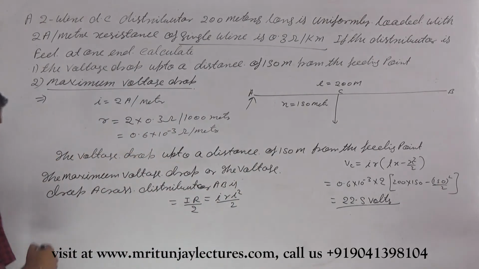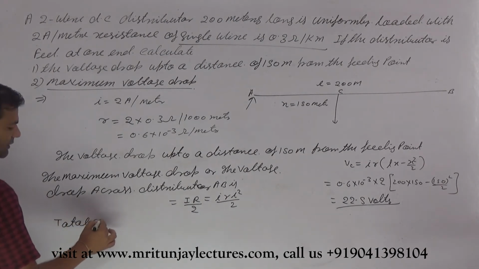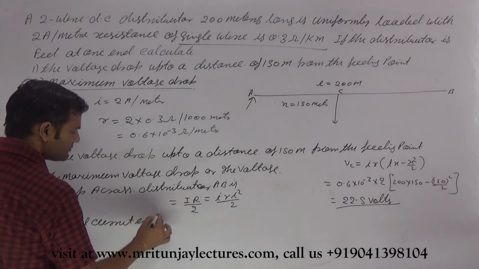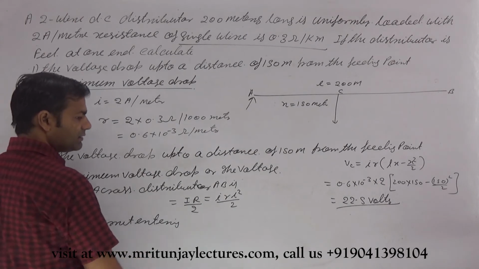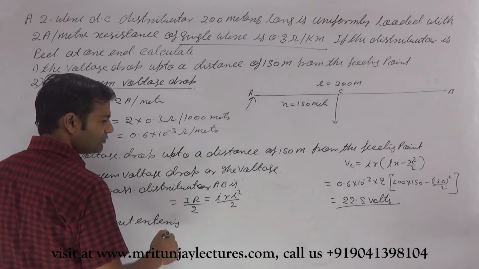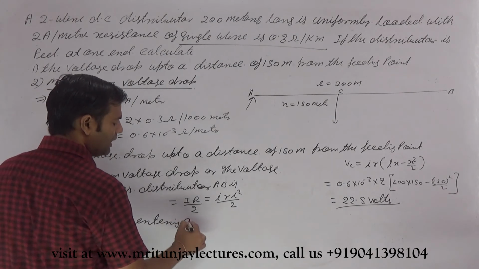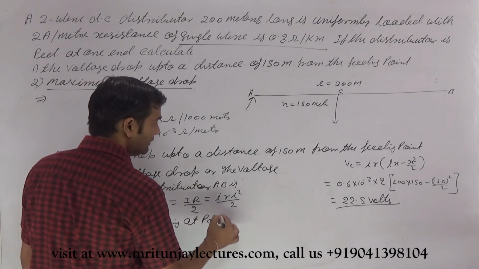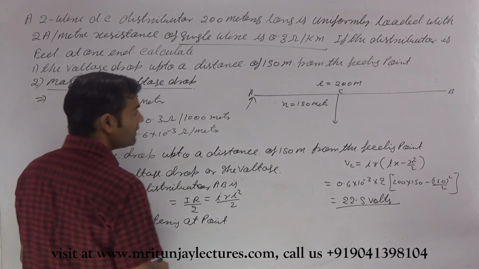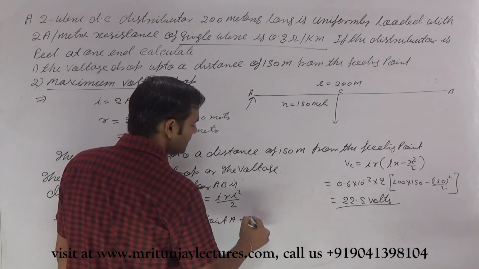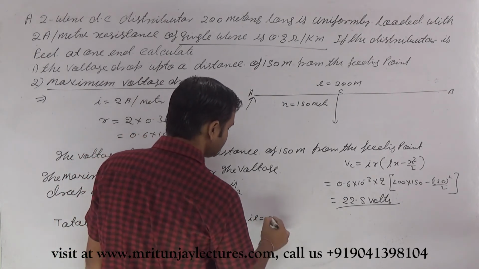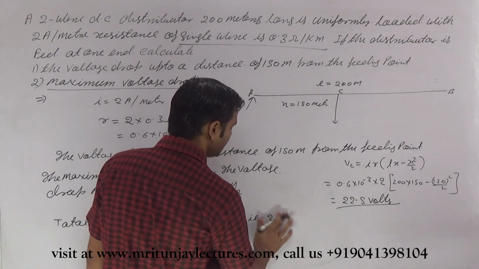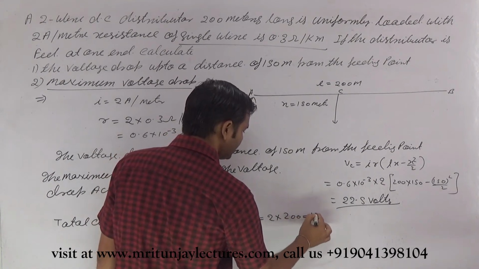What about I? I is the total current entering at point A, which is i into L. Here i is 2 and L is 200, so it is 400 ampere.